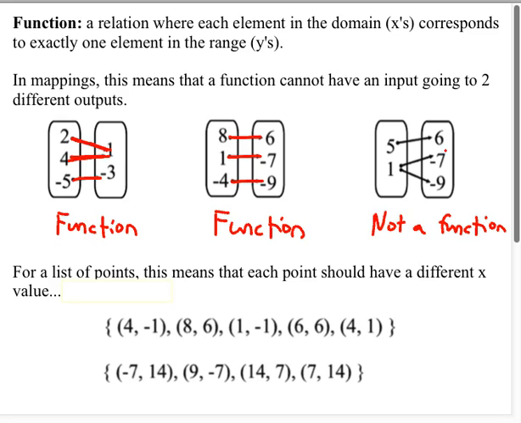Well, the problem is right here. You have 1 going to -7 and to -9. That's what you can't have. Every x can only go to one y value, no more than that. So that branching out from the input is the red flag that it cannot be a function.